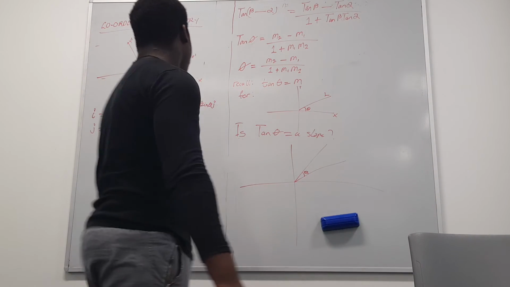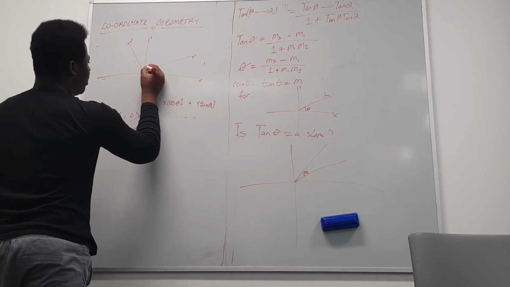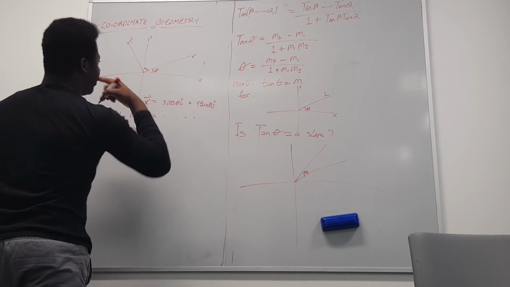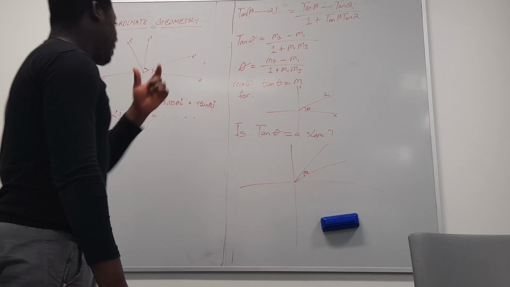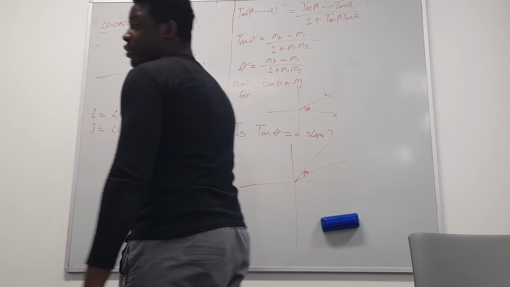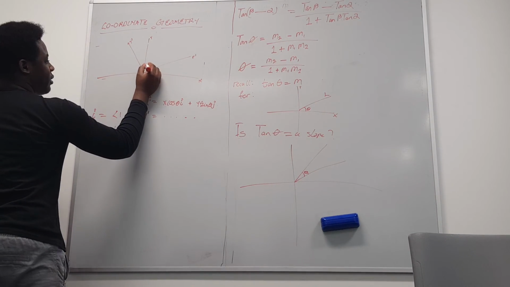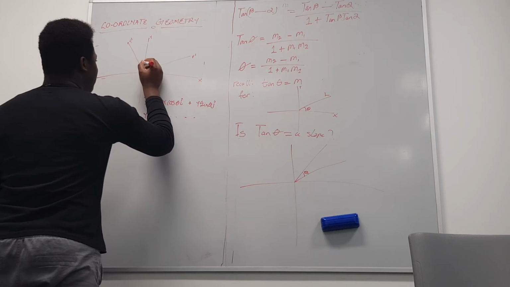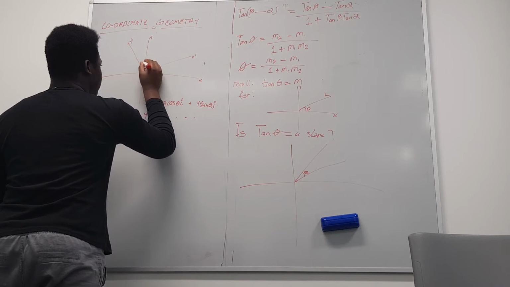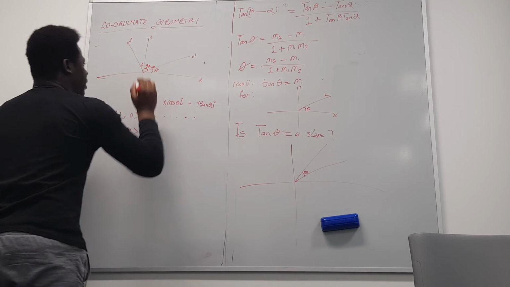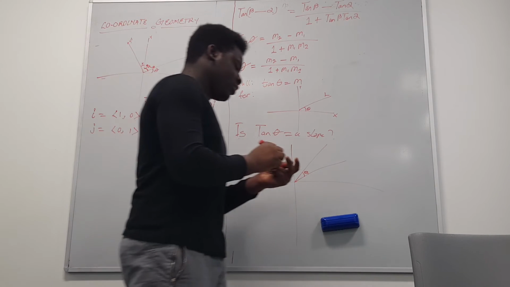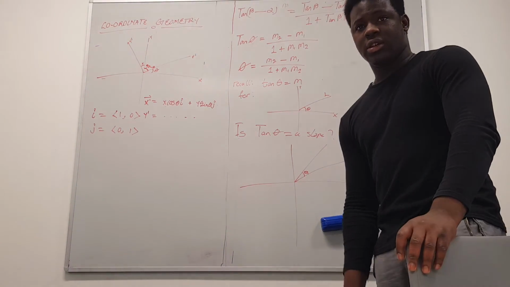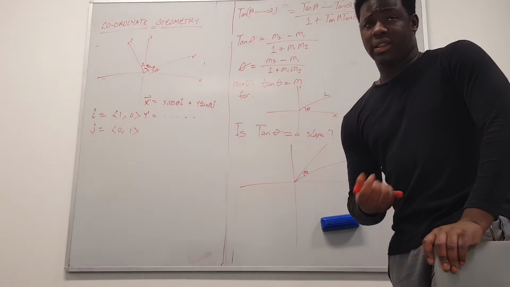From plane geometry, I know that the angle between the new x-axis, which is x prime, and the original y-axis is 90 minus theta. What is this angle though? Let's call this angle x. Maybe to some people it's obvious what the angle is. I'm not going to say what the angle is, but follow my line of reasoning.